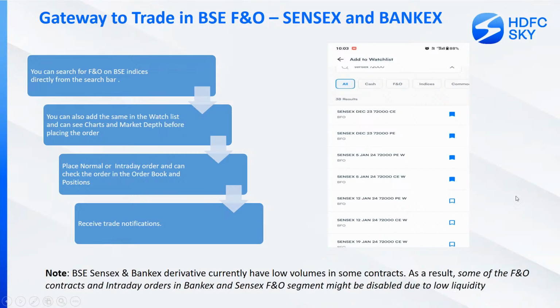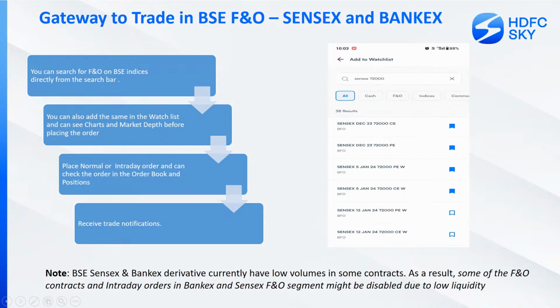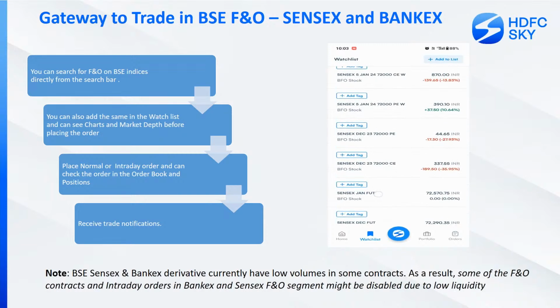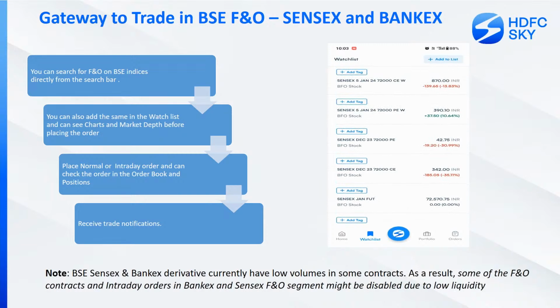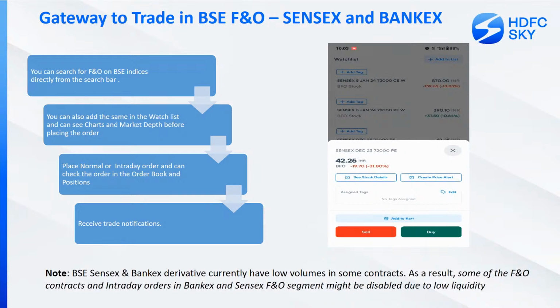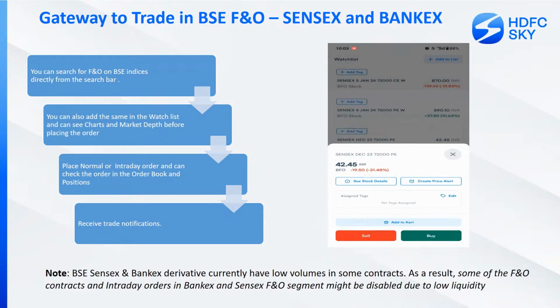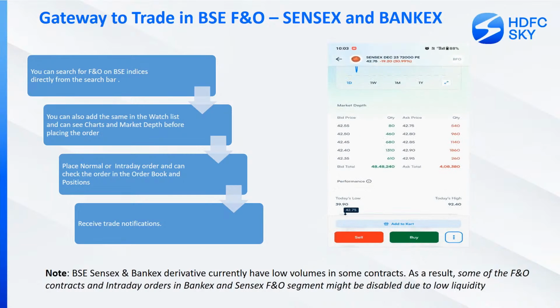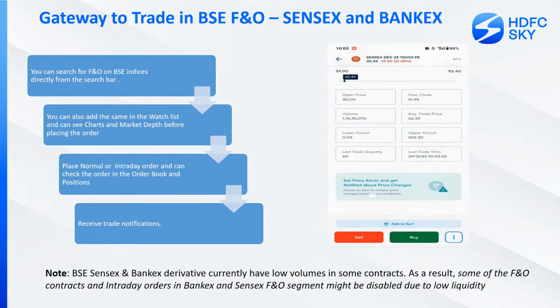Once you click on this, it will be directly added to your watch list. Once it is added, I had traded upon the 72,000 put option. I will go into the stock detail page, wherein I can see the market depth, open, high, low, close, all the statistics of that particular contract.